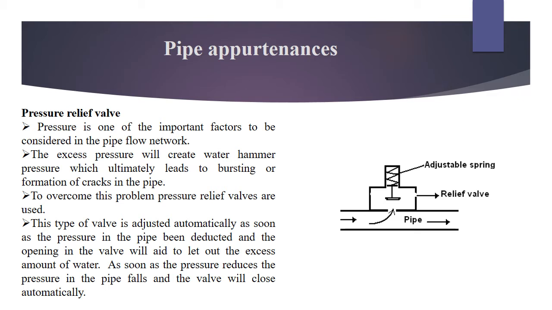This type of valve is adjusted automatically as soon as the pressure in the pipe is detected, and the opening in the valve will let out the excess amount of water. As soon as pressure is reduced, the valve closes automatically.